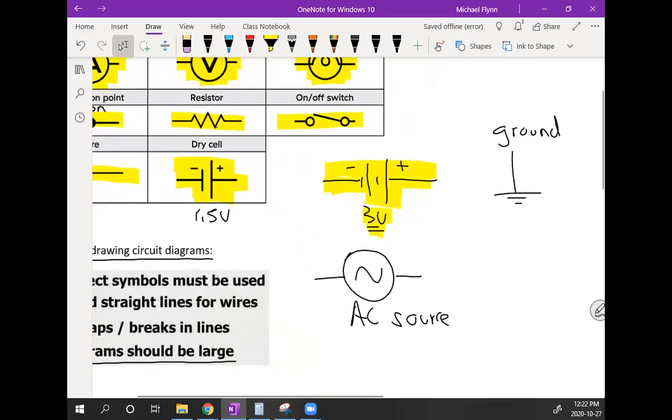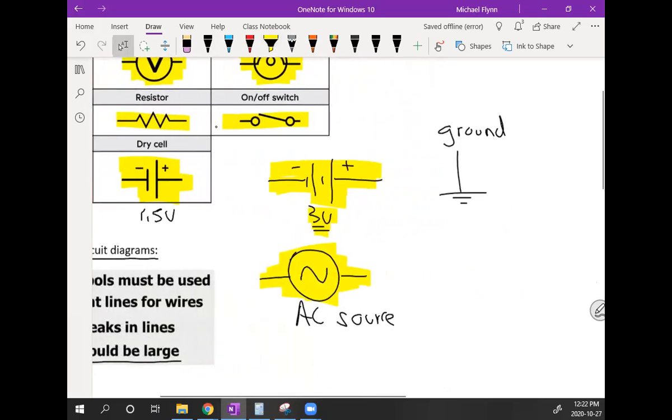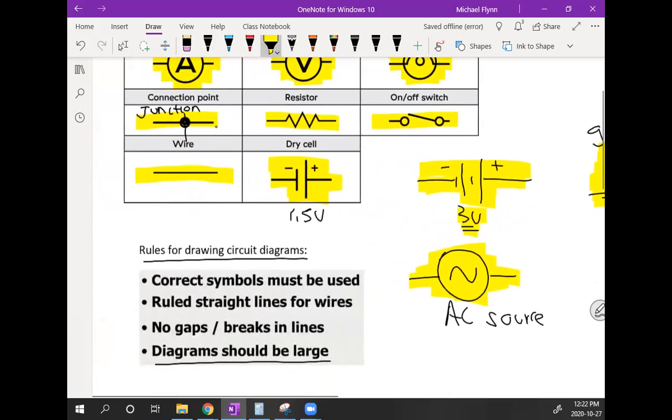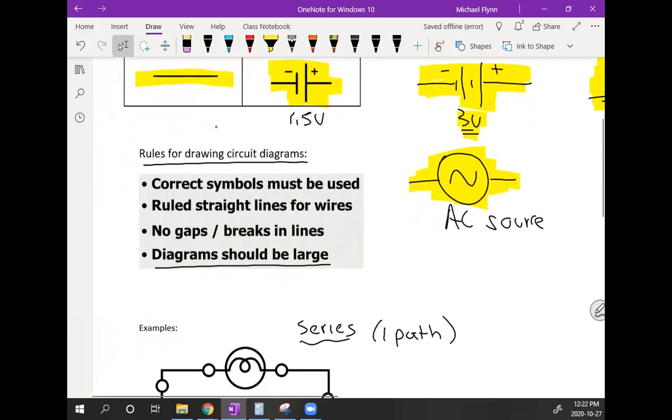An AC power source looks like this guy here. And finally, a ground wire looks like that, although you're probably not going to see ground wires in the circuits that we're going to be using today, or for that matter, the circuits that you're ever going to have to draw.